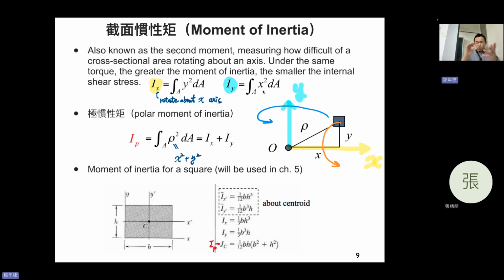But if you just open your book, you will find that Jc or Ix and Iy plan, Iy plan. This is a typical formulation you can check in your Appendix D. This is that figure, so I will let you know how to see and understand it.